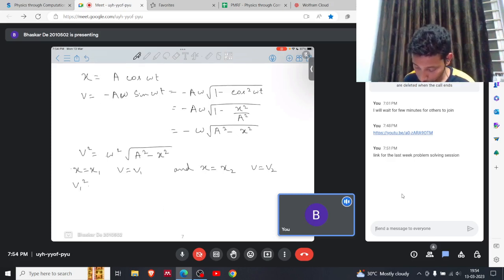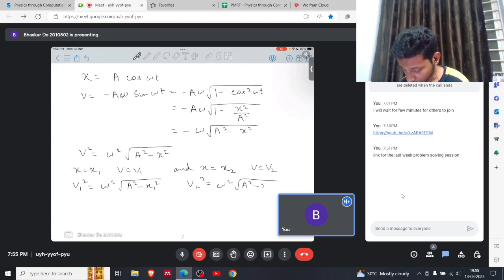So v1 square equal to omega square into a square minus x1 square, v2 square equal to omega square into a square minus x2 square.